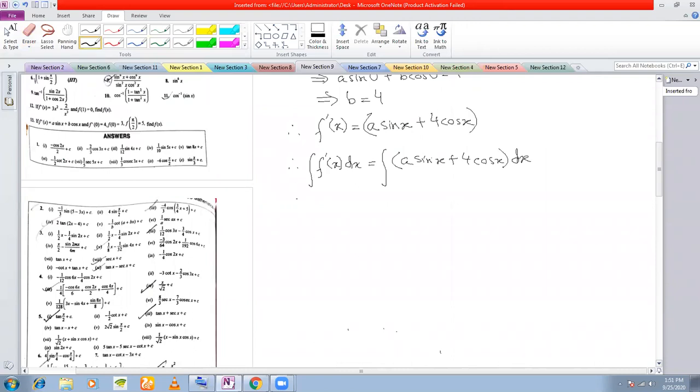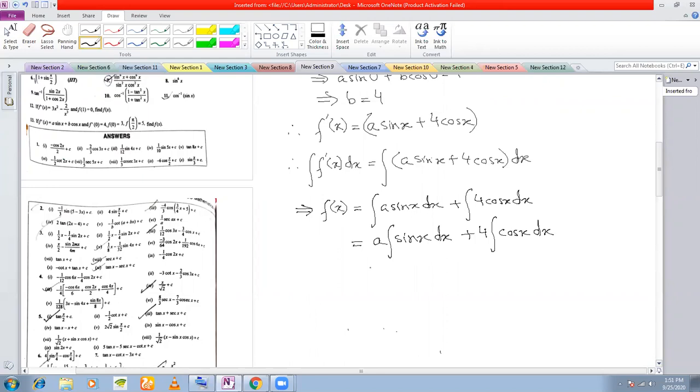So integration of f dash x is what? f x. Separate, you get integration a sin x dx plus integration 4 cos x dx. Now you can take a out of the integration because it is a constant, and you can take 4 out of the integration also.